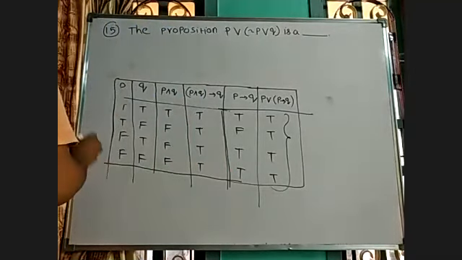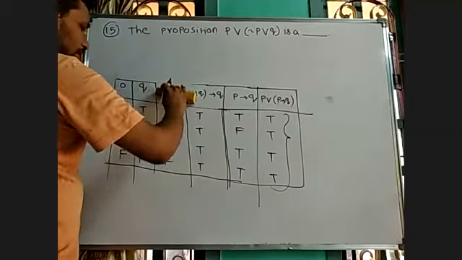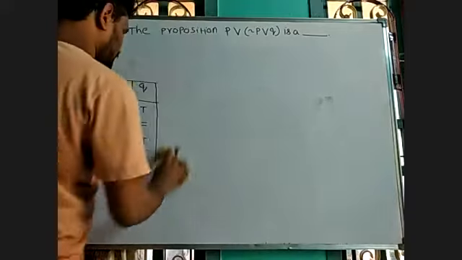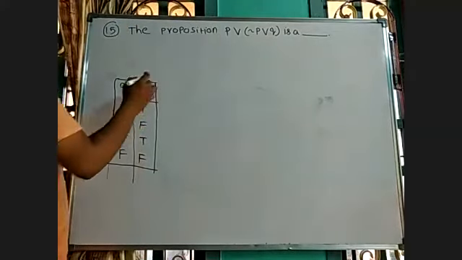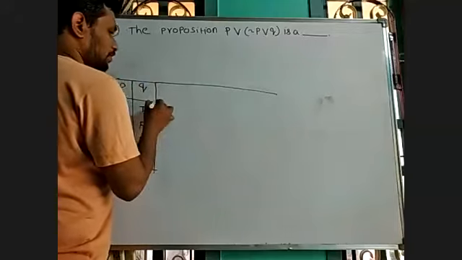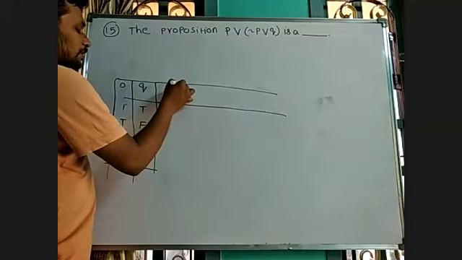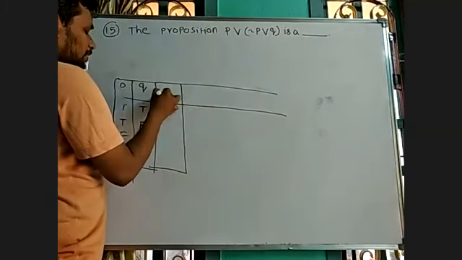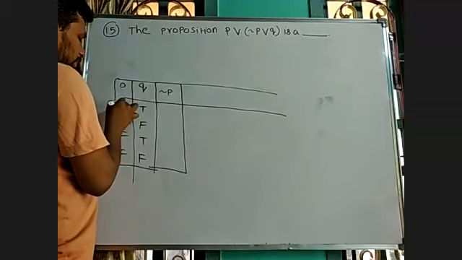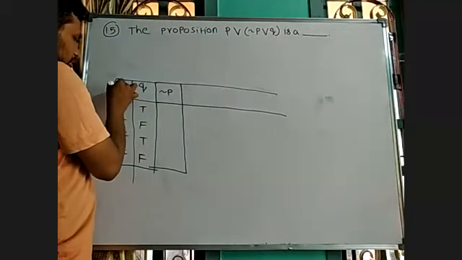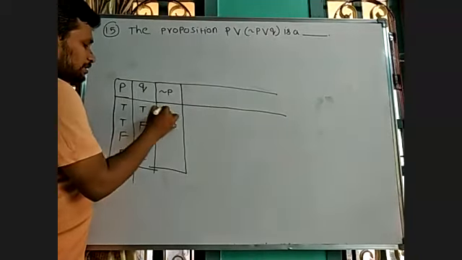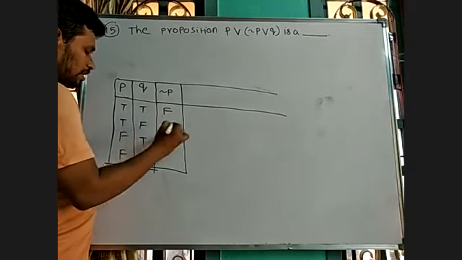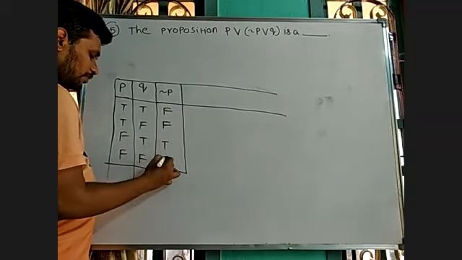I take this one. There is only negation of P, that's why I'm taking negation of P. Negation of P means false, false, true, true.